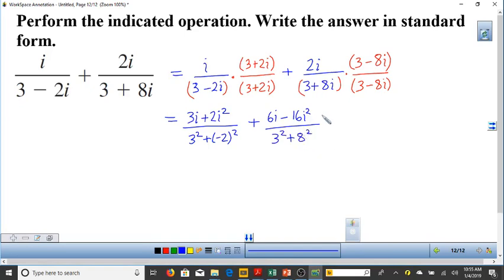Let's do a little simplifying here. We have 3i minus 2 over 9 plus 4, which is 13, and then 6i plus 16 over 9 plus 64.